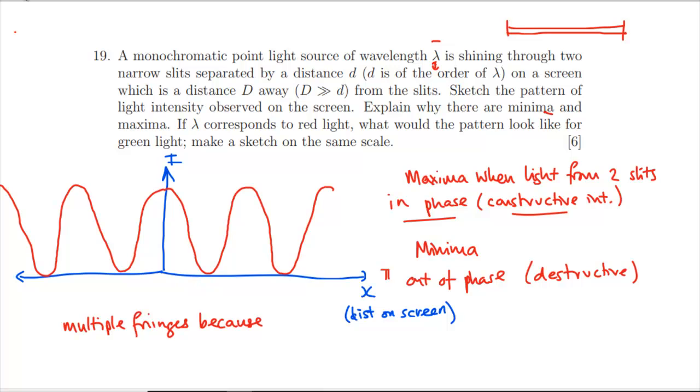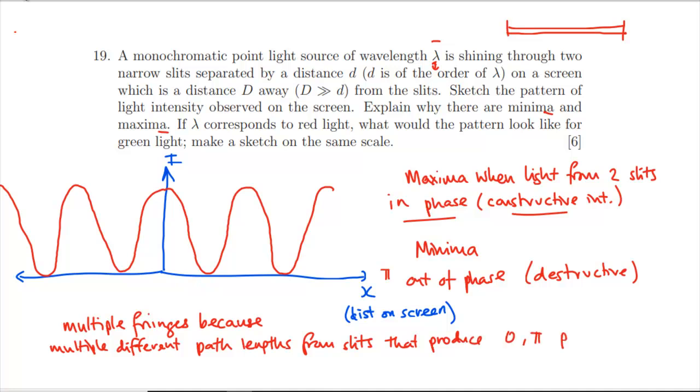So it's asking for why we've got multiple fringes, because there are multiple different path lengths from the slits that produce 0 and pi phase differences. So that's why we're getting these multiple fringes on here. We're not just getting one of them because we've got multiple different path lengths.